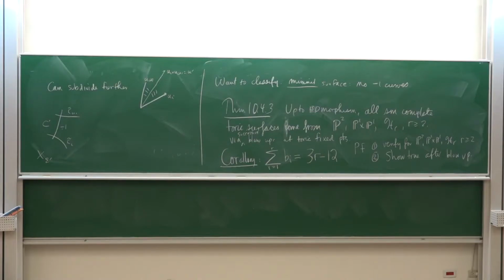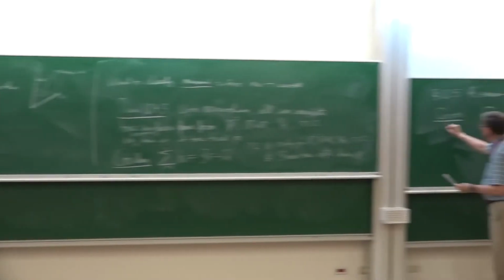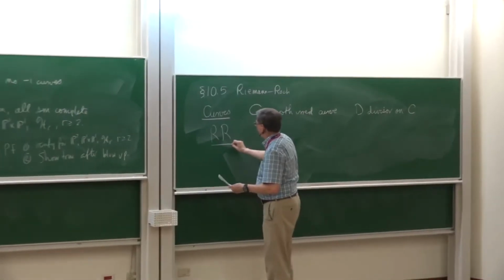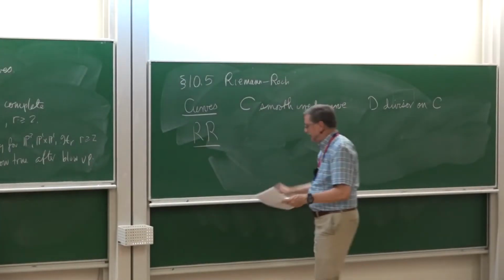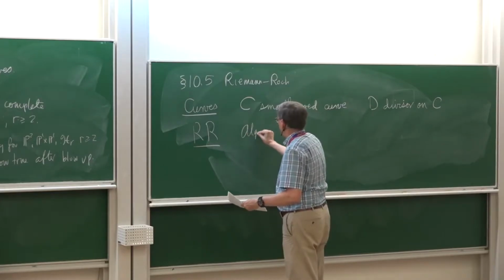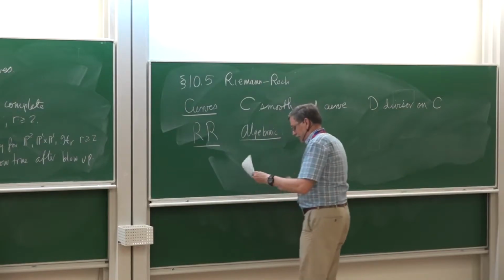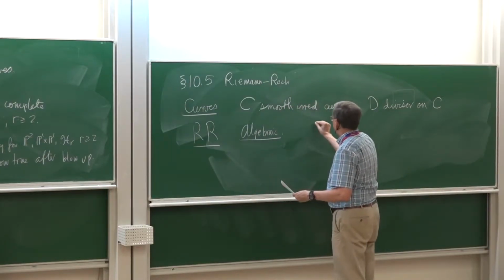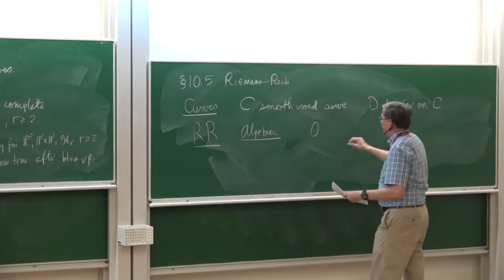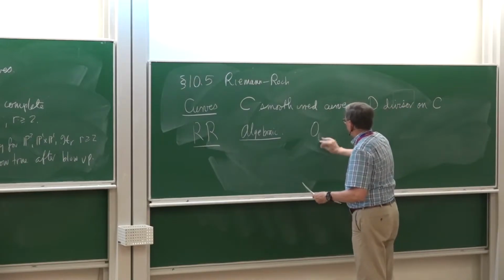So now I'm not necessarily in the toric situation. And you take D as a divisor on the curve. And then Riemann-Roch really has 2 parts to it. So I think there's an algebraic part. And the purely algebraic part is that, given D, you get this nice sheaf.